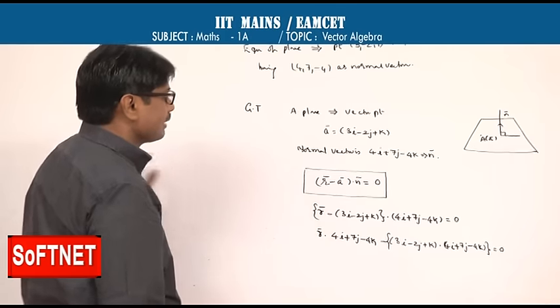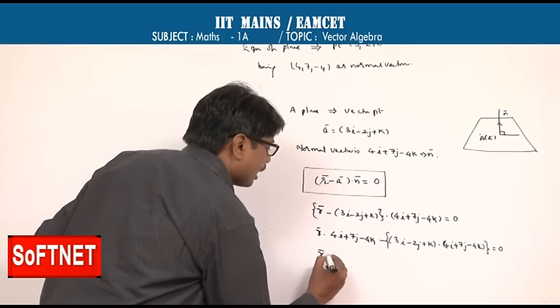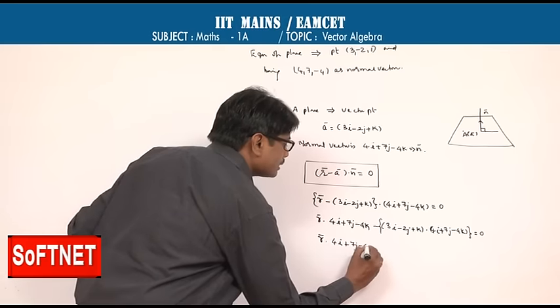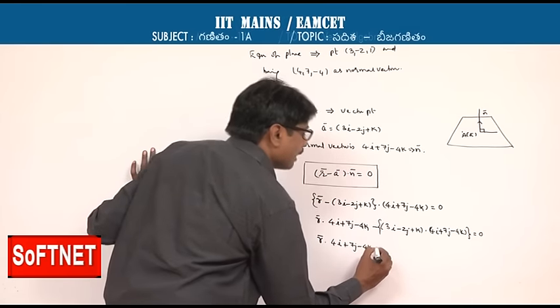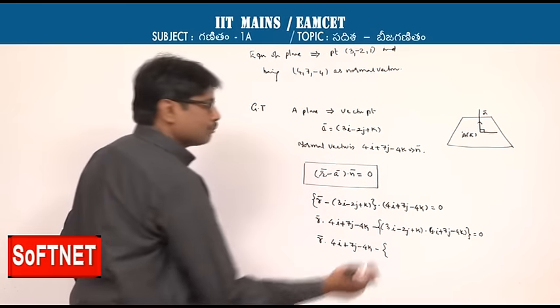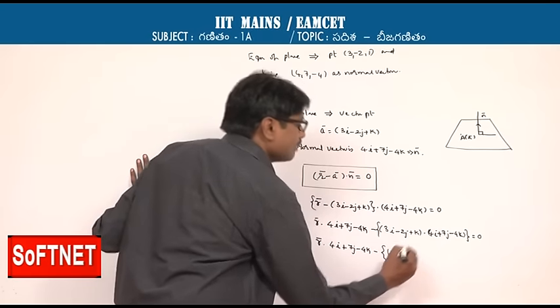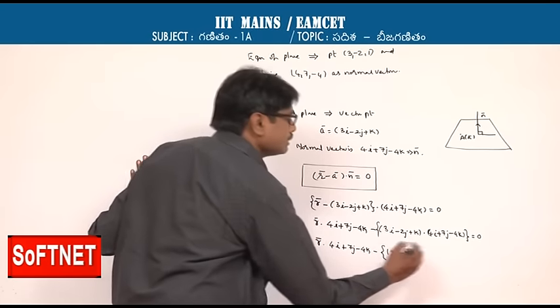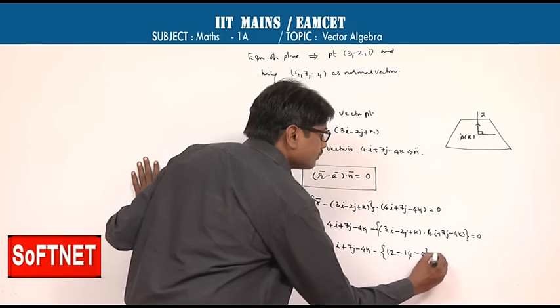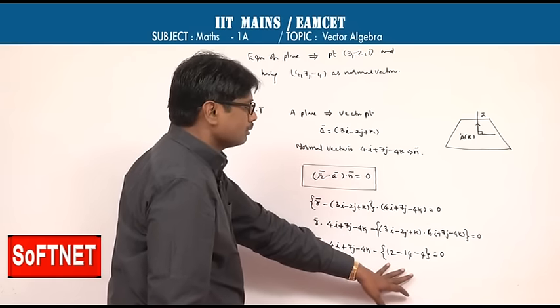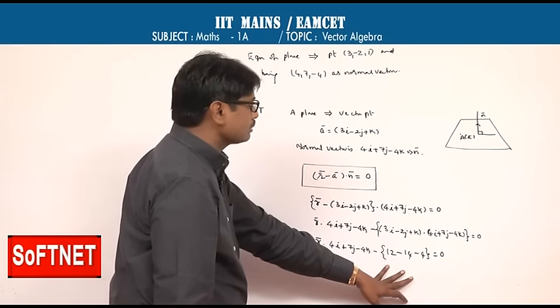Doing the algebraic simplification, it will be r bar dot (4i bar plus 7j bar minus 4k bar) minus of, apply the dot product between these two: a1 a2 is 12, b1 b2 is minus 14, c1 c2 is minus 4, equal to 0. Now if we subtract 12 from 18, what do we get?